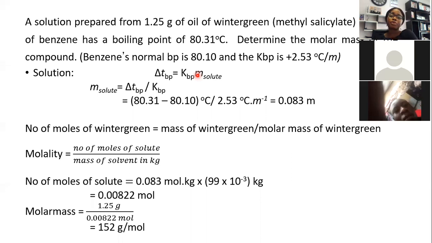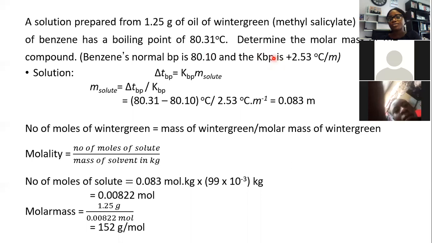From this question, you can see you are asked to determine the molar mass. So you are given the change in temperature, because you have an initial boiling point and an elevated boiling point. So from these two values, you can calculate your change in temperature.